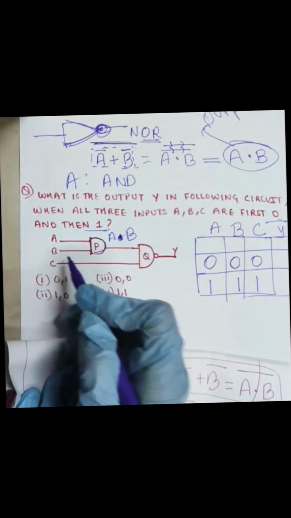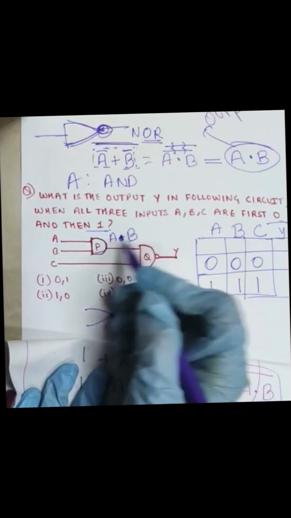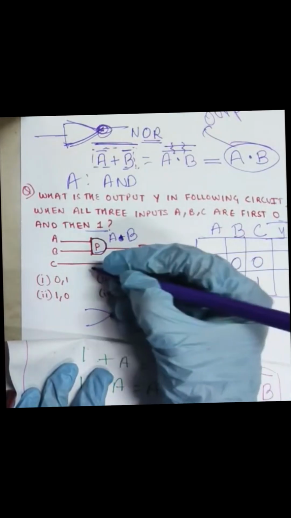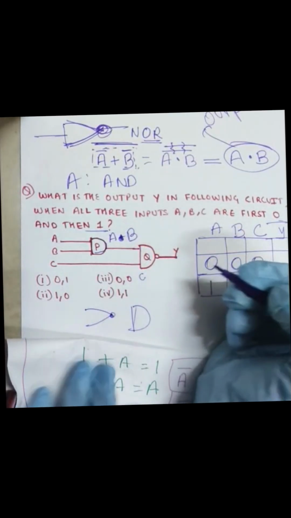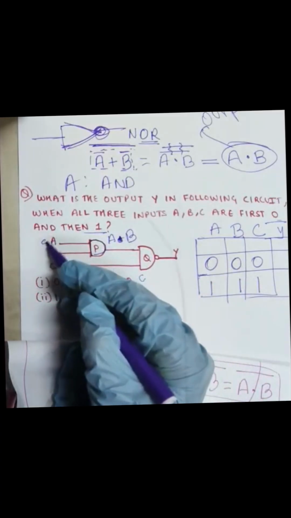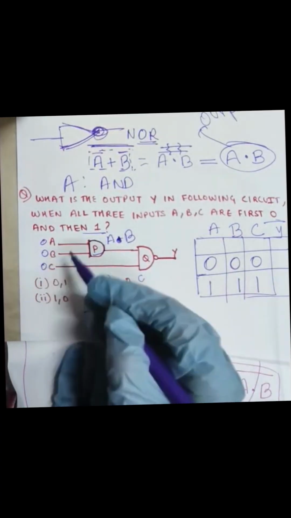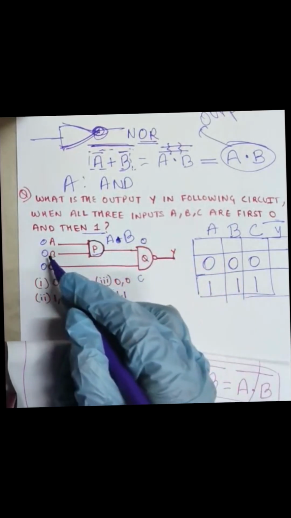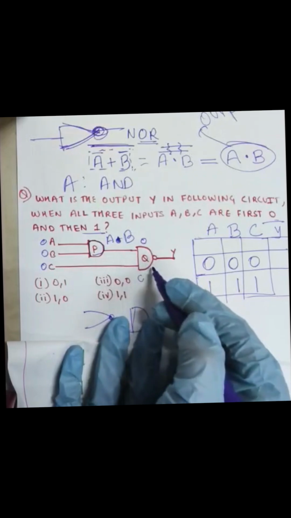That means this output and C's input should be there. So C will be C. Now what is A dot B? Both are zeros, right? First 0, 0 and 0. 0 into 0 is 0 and C is 0.